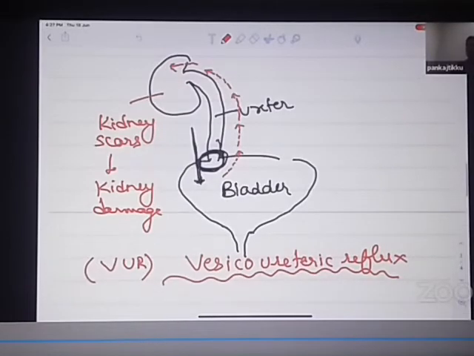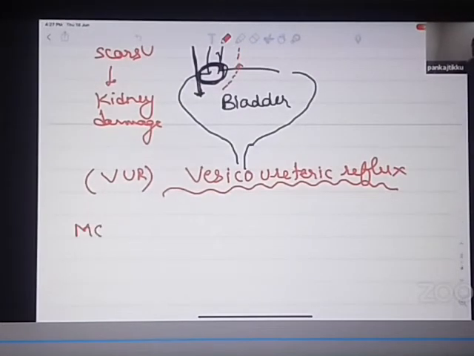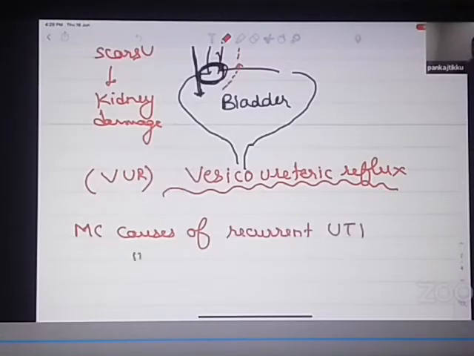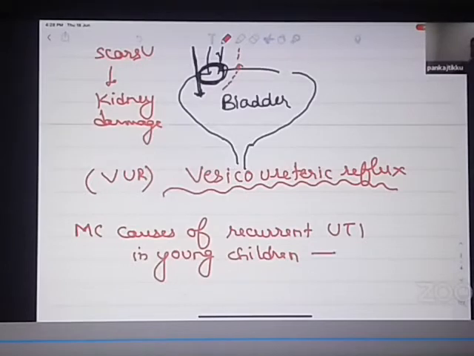So one of the most common causes of recurrent UTI in young children is a vesicoureteric reflux.